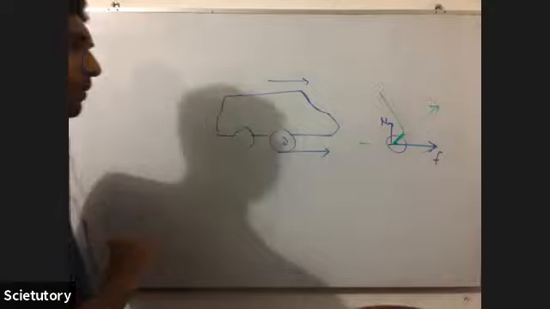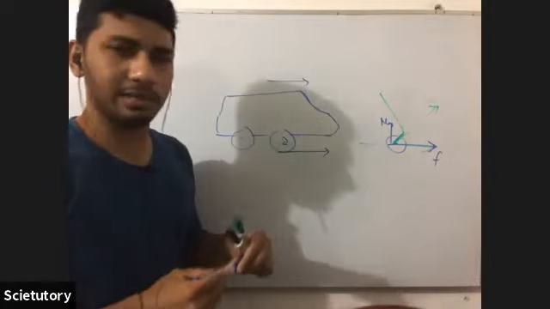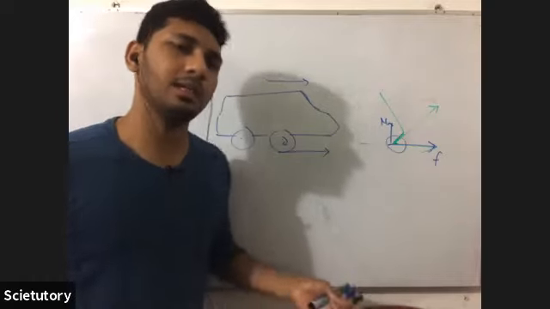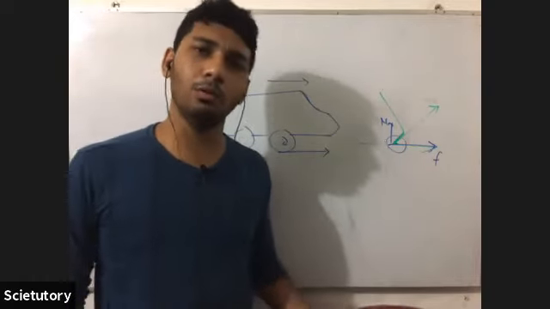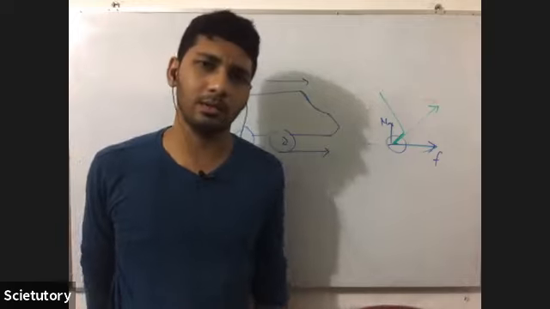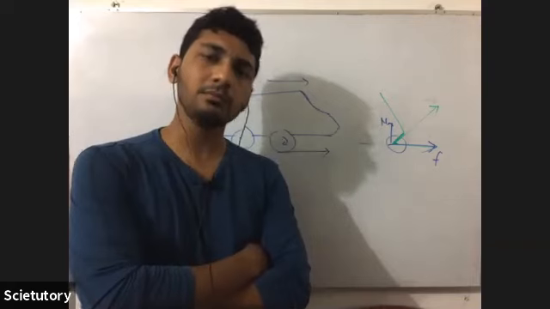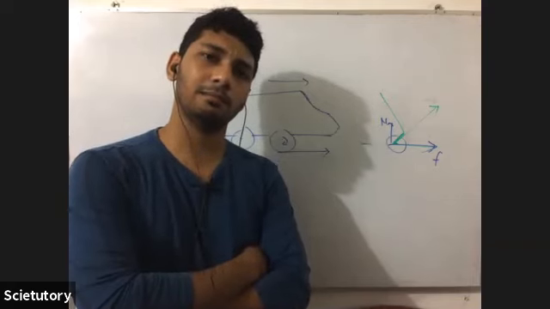Now you may think that usually friction is something that opposes the movement. So it doesn't happen here. Why is that? It is supporting the movement. Why?